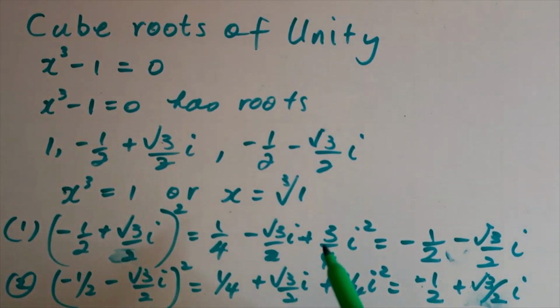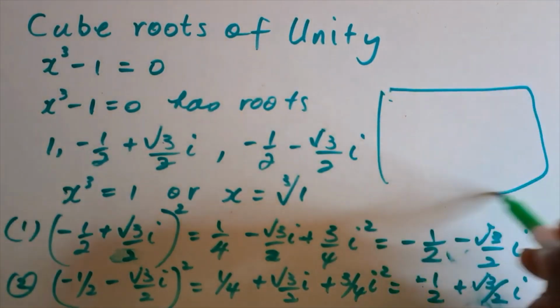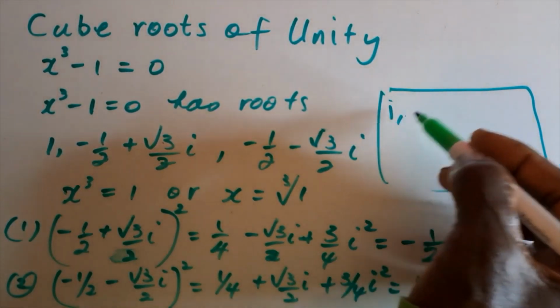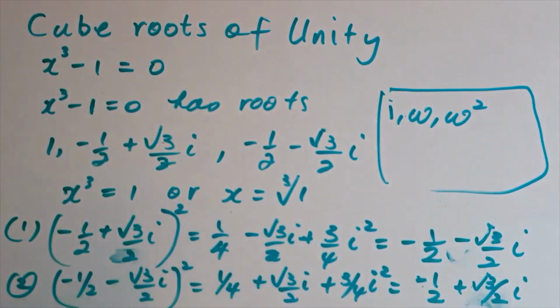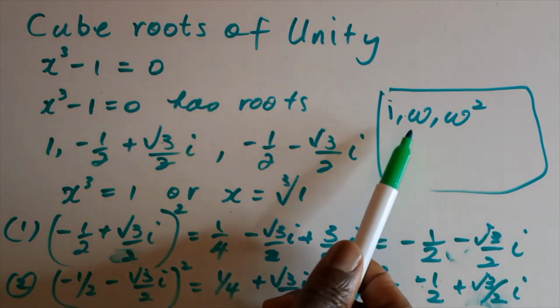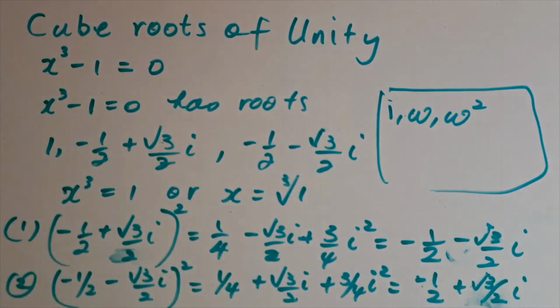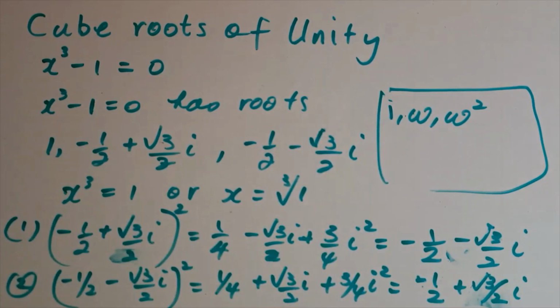And commonly, the cube roots of unity are denoted as 1, omega and omega squared. Given omega, if you square it, you'll have the other root. And we know the only real root is 1.